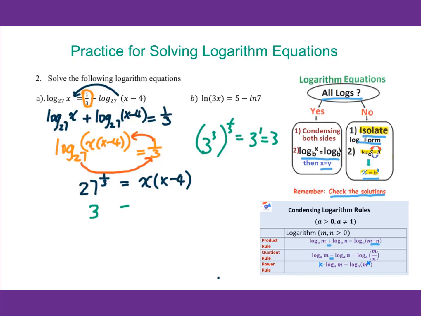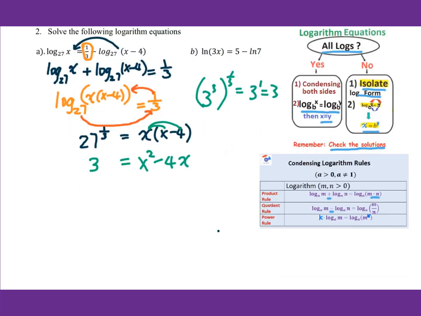Therefore, I got 3 equals x squared minus 4x by the distributive property. We know this is a quadratic equation, so set it equal to 0: x squared minus 4x minus 3 equals 0.